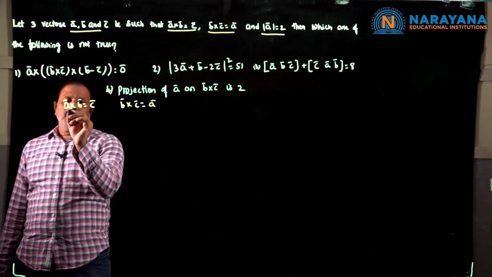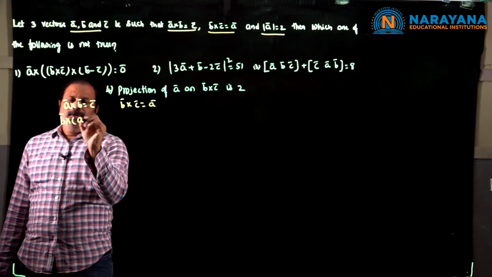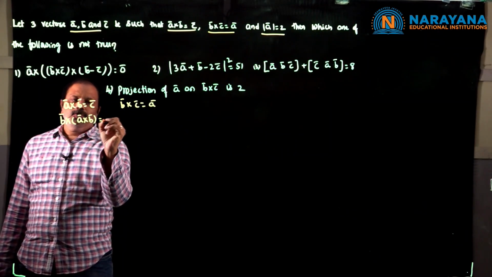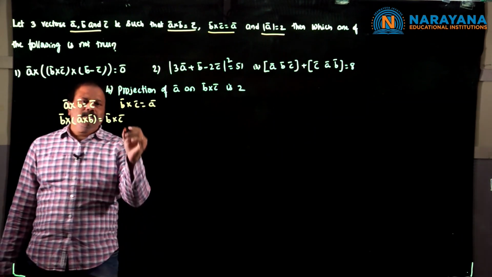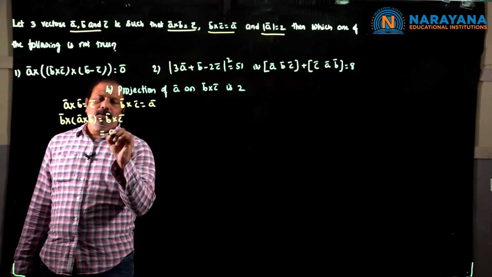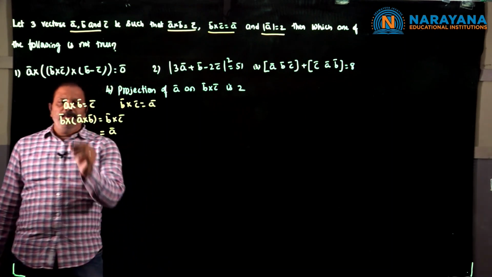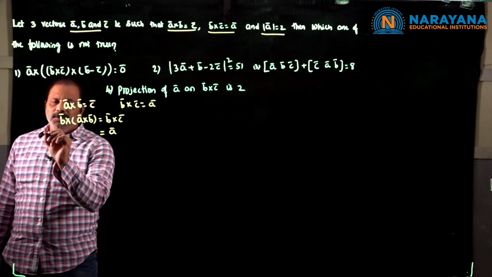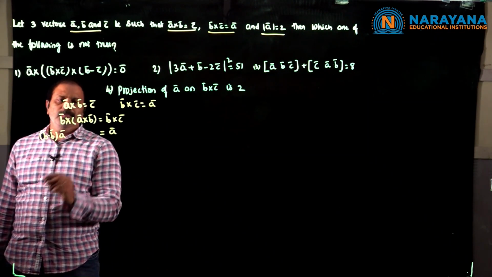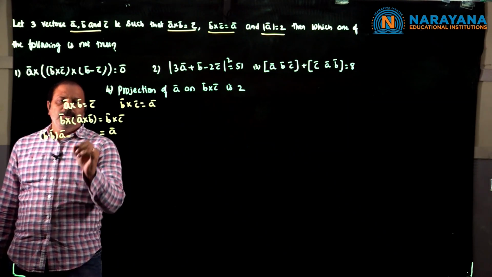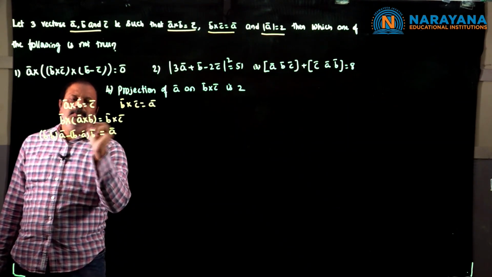If you take the cross product with b bar on the left side, b bar cross a bar cross b bar is equal to b bar cross c bar. B bar cross c bar is nothing but a bar. Now, if you see here, vector triple product: b bar cross a bar cross b bar is b bar dot b bar times a bar minus b bar dot a bar times b bar.